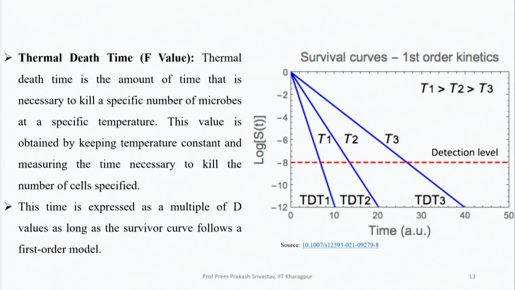The thermal death time, that is F value. The thermal death time is the amount of time that is necessary to kill a specific number of microbes at a specific temperature. This value is obtained by keeping temperature constant and measuring the time necessary to kill the number of cells specified.